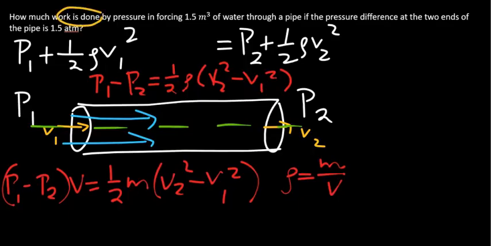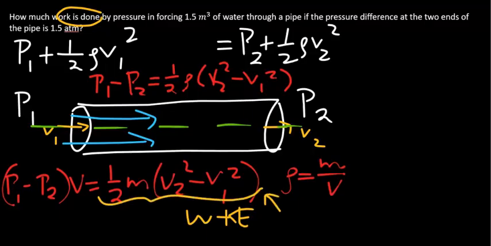Now let's recall the work energy principle, or work kinetic energy principle. The term on the right hand side is the change in kinetic energy. According to the work kinetic energy principle, the change in kinetic energy equals the work.